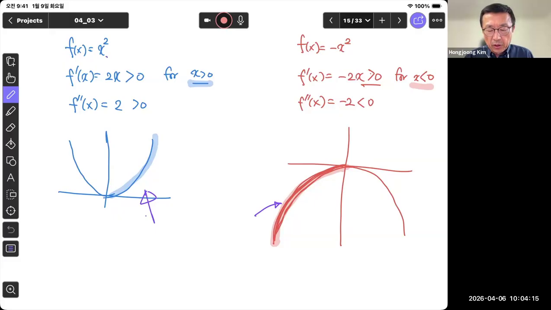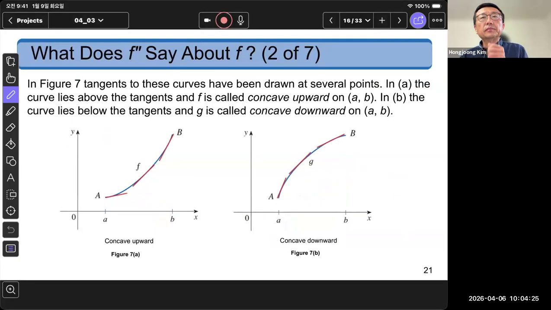I always think of x squared and negative x squared and just compare the pattern. And if you have the increasing pattern as in figure 7a, we say the function or the curve is concave upward.